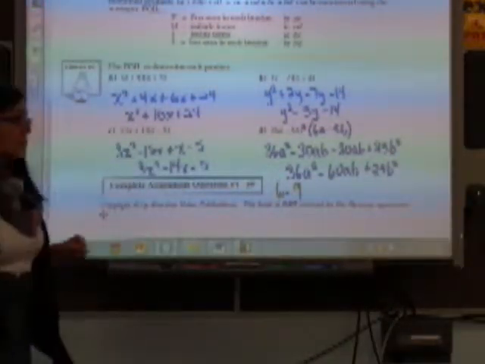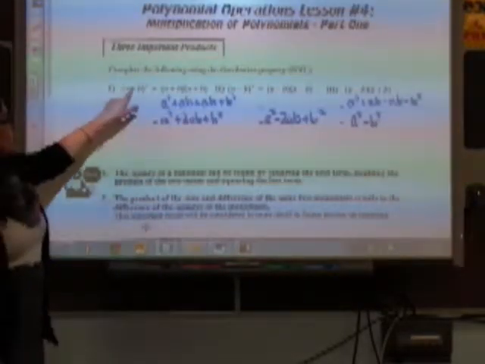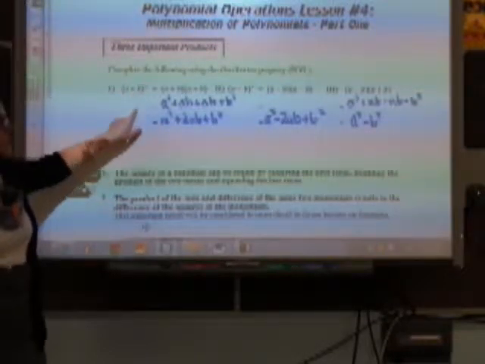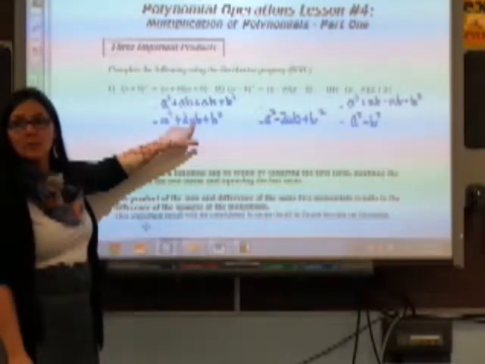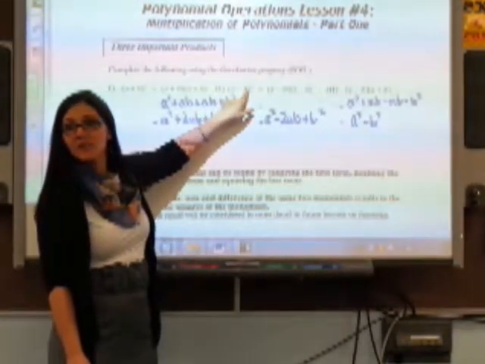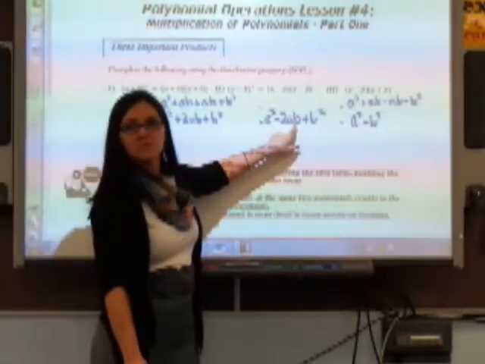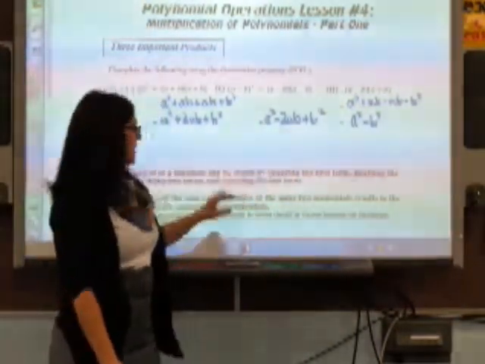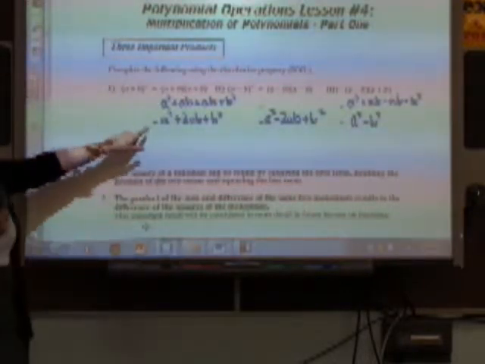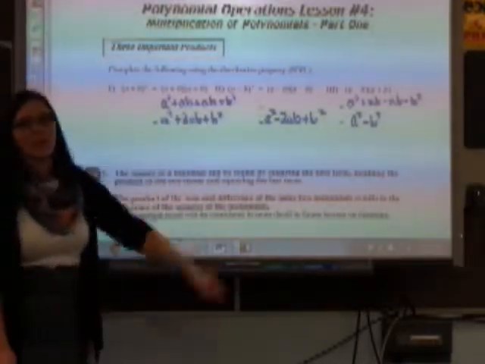Then times it by 2. Multiply them together, ab times 2, 2ab. This time I get negative ab times 2, negative 2ab. So that's what this first line says: the square of a binomial can be found by squaring the first term, doubling the product of the two terms, and squaring the last term.